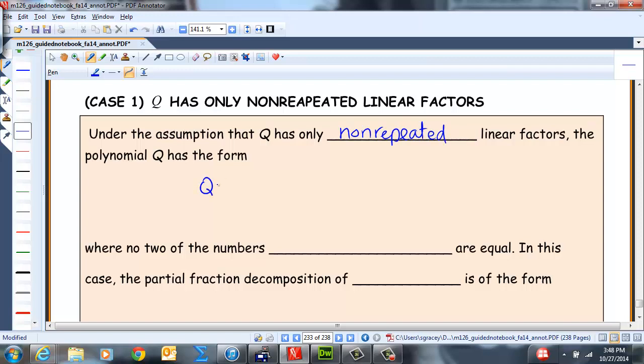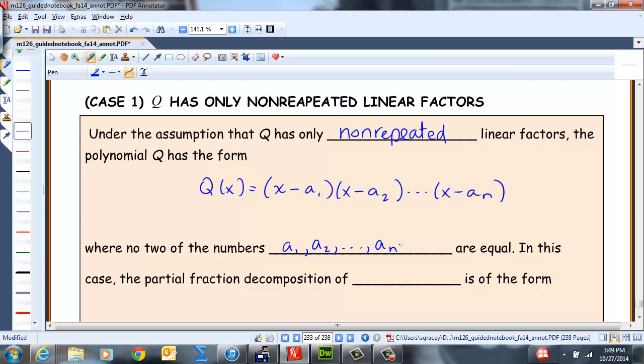So q of x would end up being x minus a constant, let's call it a1, times x minus a2, another constant, and then you'd keep multiplying until you got to your last non-repeated linear factor. And so no two of the numbers a1, a2, down to an are equal, because otherwise you'd have a repeated linear factor.